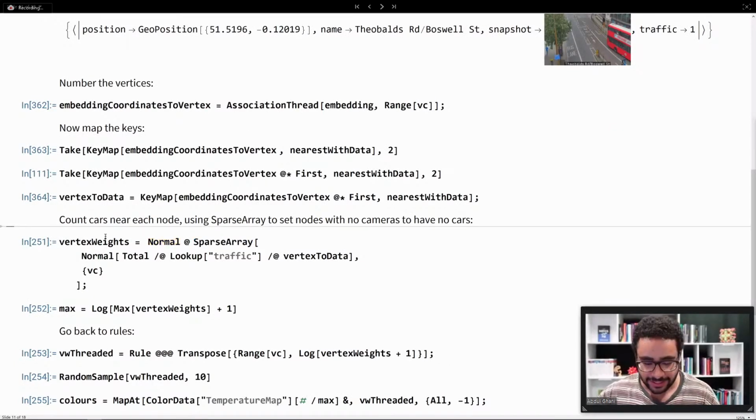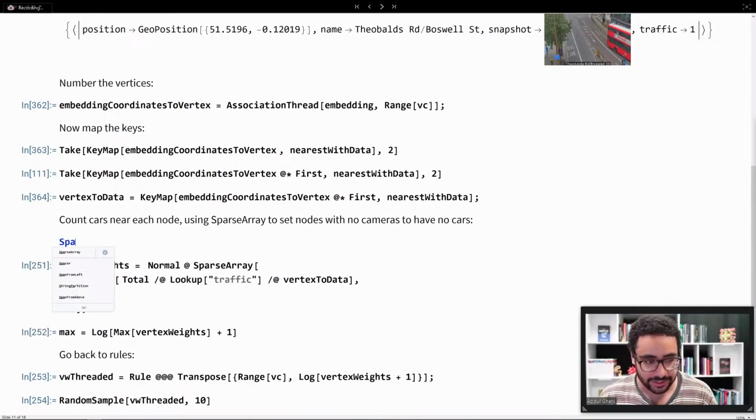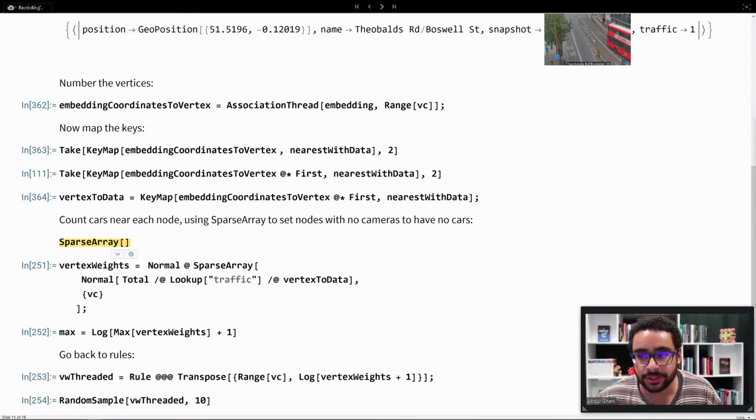The rough thing is this. Let's say I say sparse array. A sparse array in general is not just a Wolfram thing, it's a computer thing. Let's say you have a list of 1 billion elements, but only 5 of them have some value that isn't 0. There's no point in remembering that whole billion elements if most of them are 0.